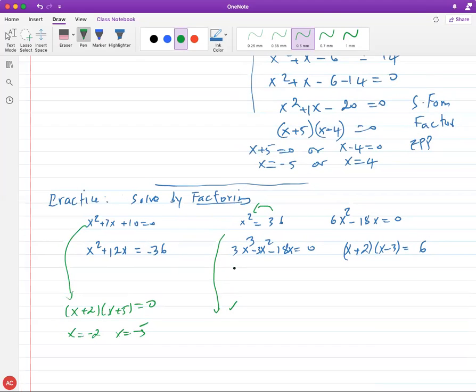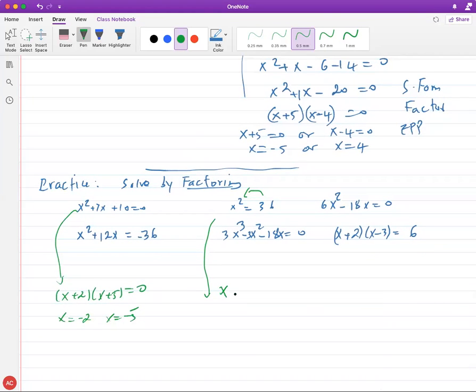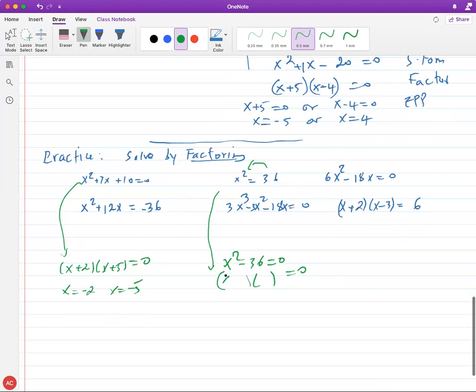Exactly, it has to be in standard form. So we move the 36 over, change the sign, then factor. What is the factored form? x - 6 and x + 6. This means x is 6, and this means x is -6.